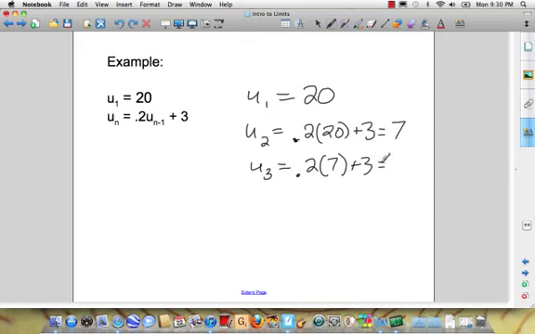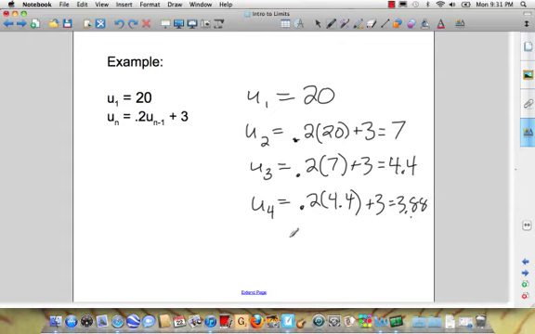And again, let me check my list. That came out to 4.4. Okay, and then we would just keep repeating that process. To find the fourth term, we'd multiply 0.2 by this result, 4.4, and add 3. And if you do that, you would get 3.88.